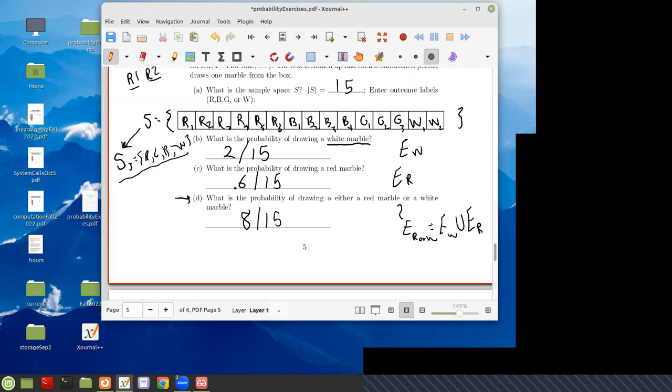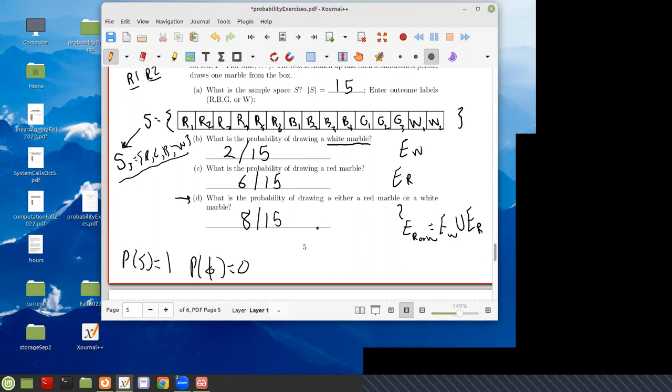Now, this also raises the question. There's one requirement for a probability model to be good, as well as the fact that the probability of the sample space is 1 and the probability of the empty set is 0.